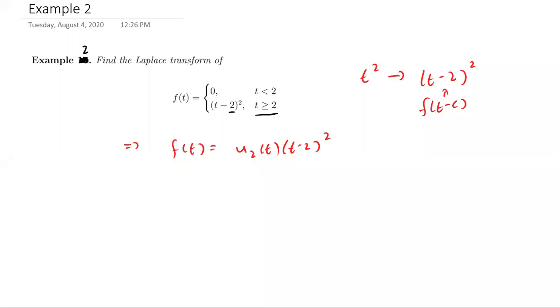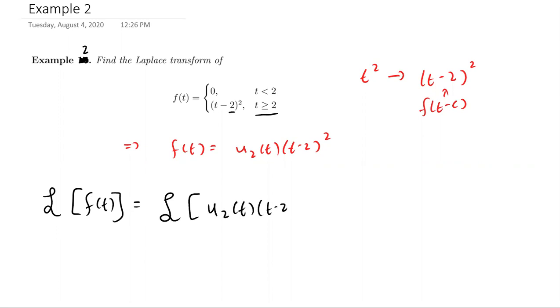And now, when we take the Laplace transform of this, the Laplace transform of f of t is the same as the Laplace transform of u sub 2 of t times t minus 2 squared.